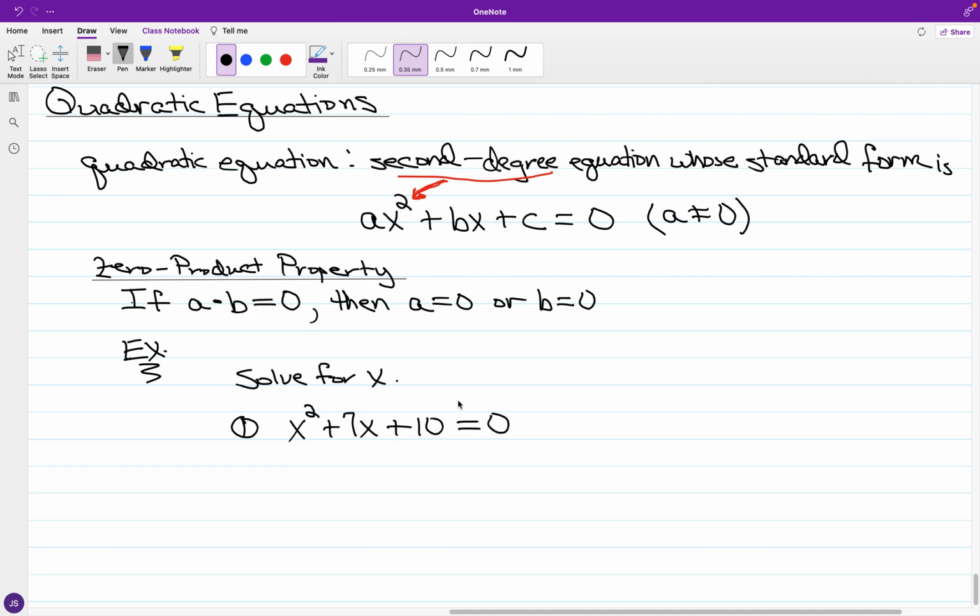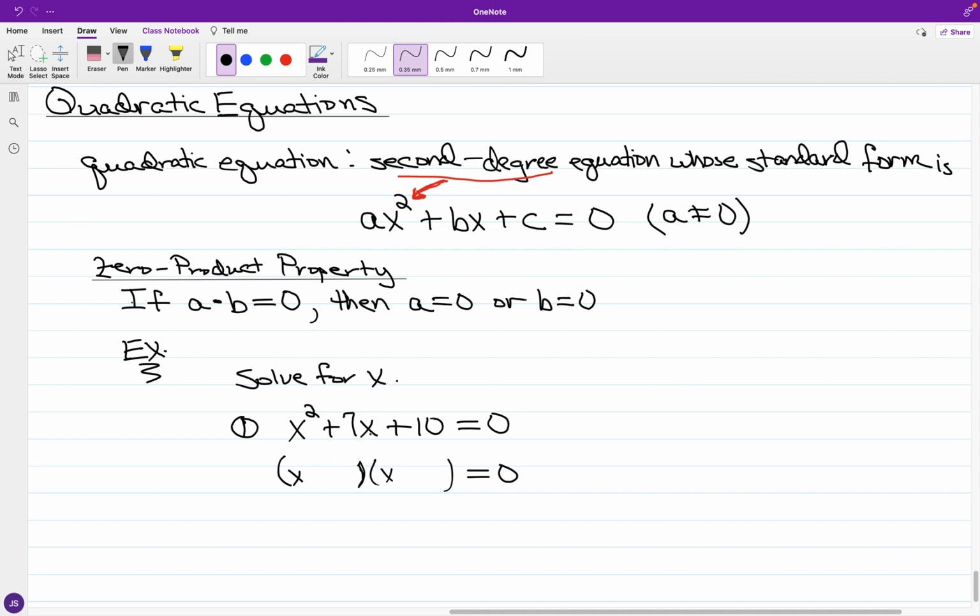So we got x squared plus 7x plus 10 is equal to 0. And this is where I had the feel of what we looked at when we looked at restricted values, but where the trinomial or expression could not be 0. But here with quadratic equations, we're looking at where it is equal to 0.